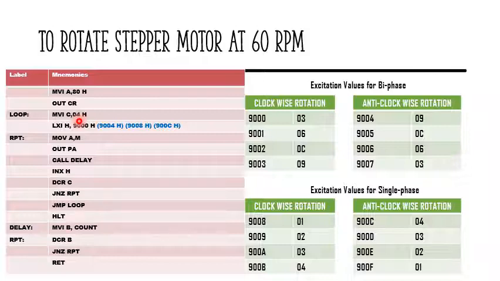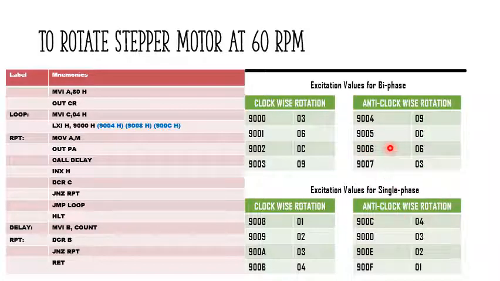A memory pointer is then initialized to load the switching or excitation data to be given to port A of 8255. The switching data is stored in the memory location. The program shows 4 sets of switching tables stored in different locations.